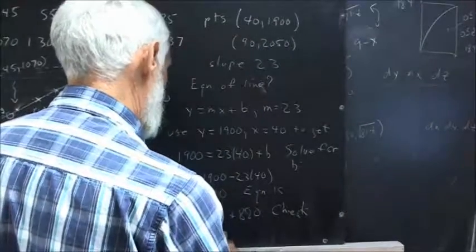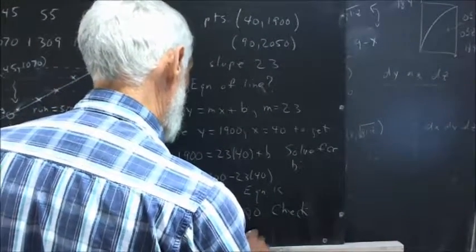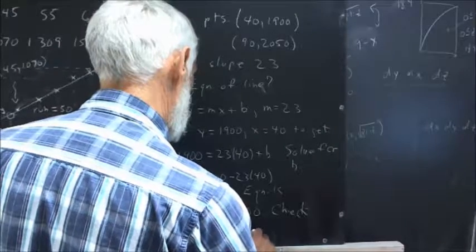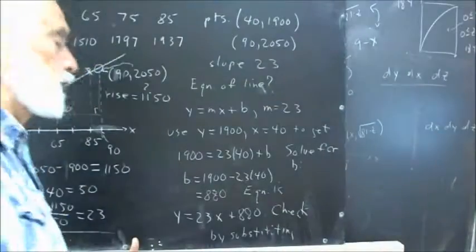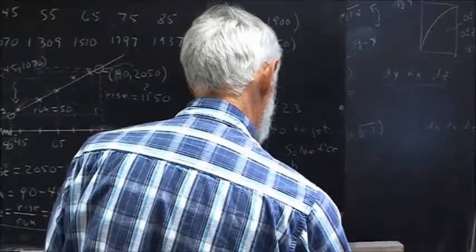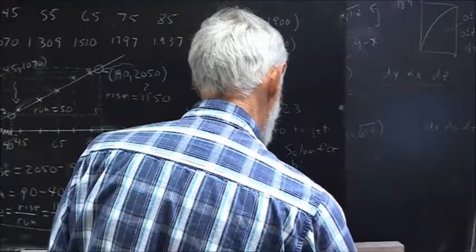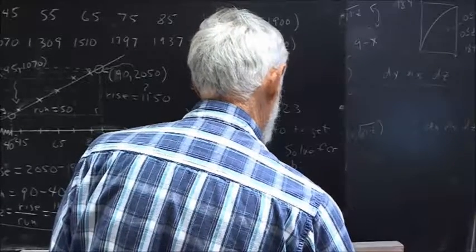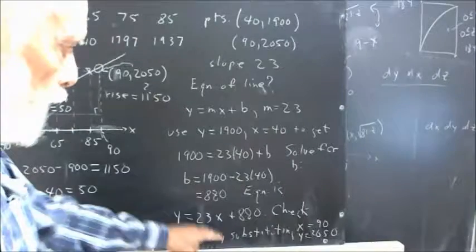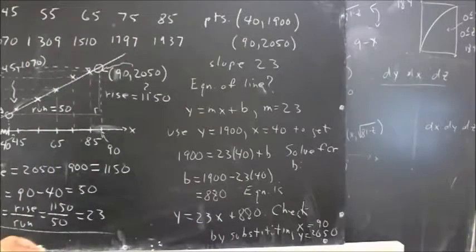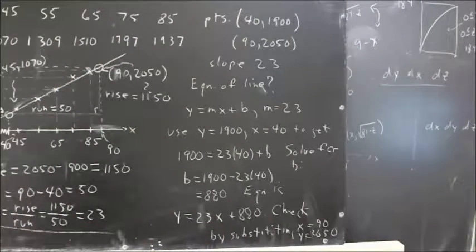Now, I'm not going to do that. You should do that. We check by substituting x equals 90, y equals 2050. See if you get an identity. If I've done this correctly, you will. If I haven't, correct me.